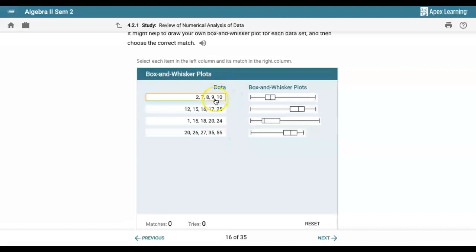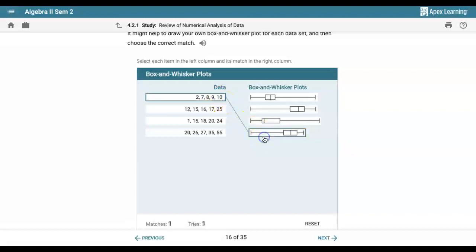If you look, we've got a 2, 7, 8, 9, 10. What I notice here is that 7, 8, 9, my box in the middle is very uniform and even, right? So I'm going to be dealing with a very uniform, even box there. And then I've got 10 here, which is also very, very close.